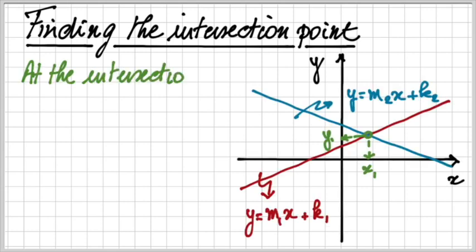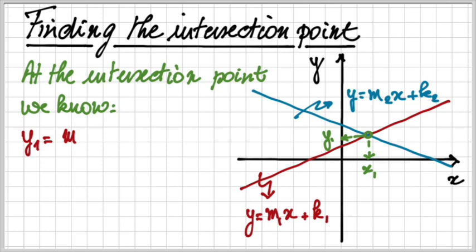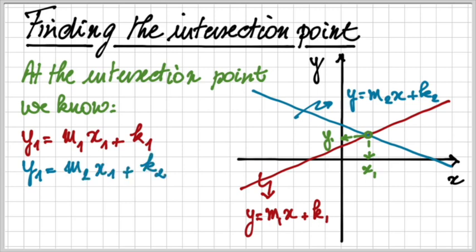At the intersection point, we know that the y values of both lines are the same, as are the x values. But here we already have the expression y is mx plus k, so we already can write that in this point y1 is equal to m1 x1 plus k1 for the first equation, and for the second equation we have basically the same. y1 is equal to m2 x1 plus k2.